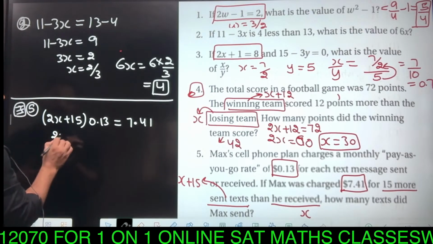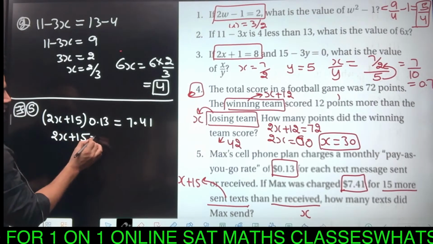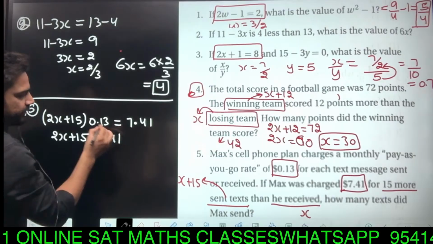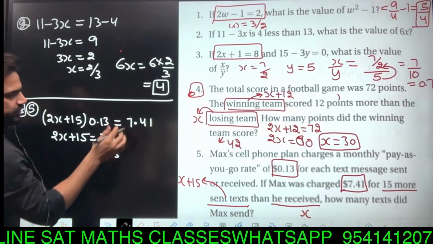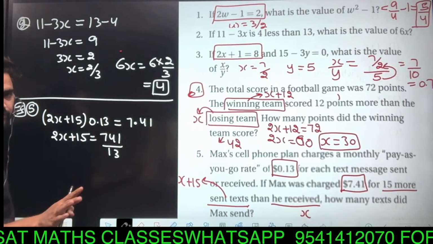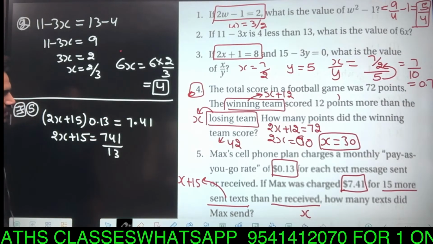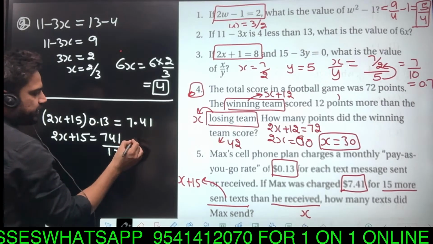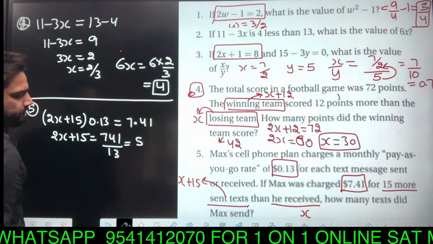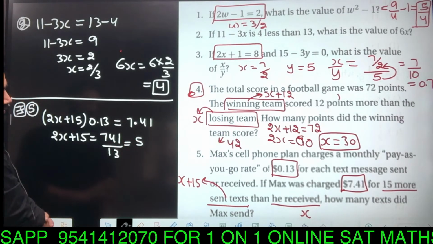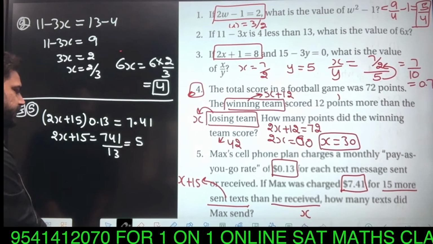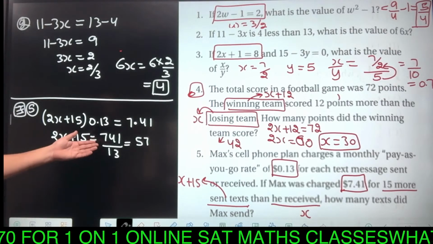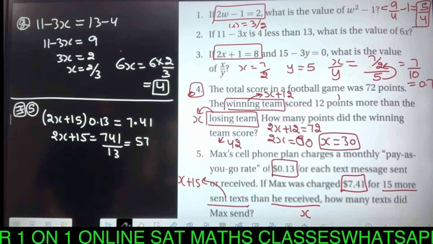So now (2x plus 15) times 0.13 equals 7.41, and you can use a calculator also. It will be 741 divided by 13, because the decimal points get cancelled out as both are exactly the same. If you divide by 13, 13 fives are 65, and then 13 sevens are 91, so you get 57.